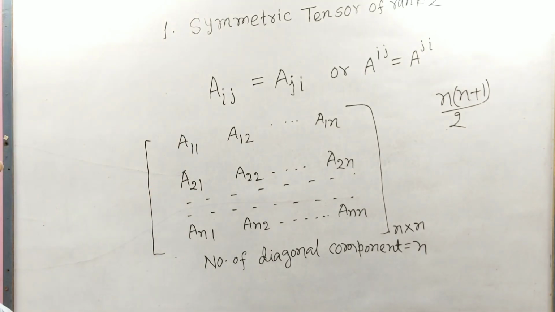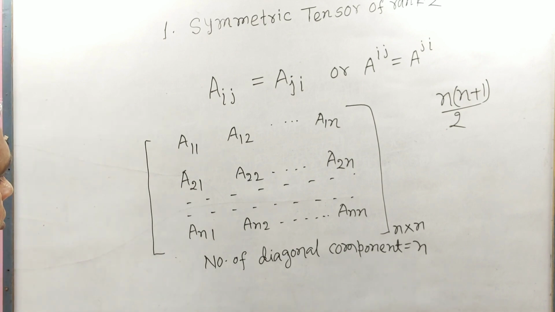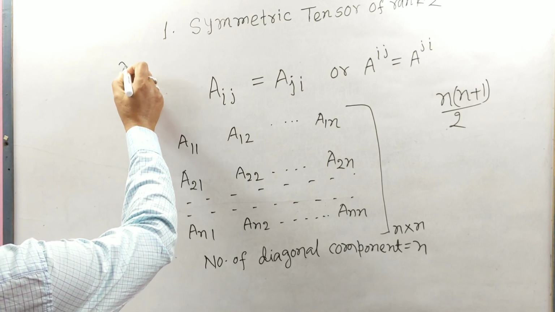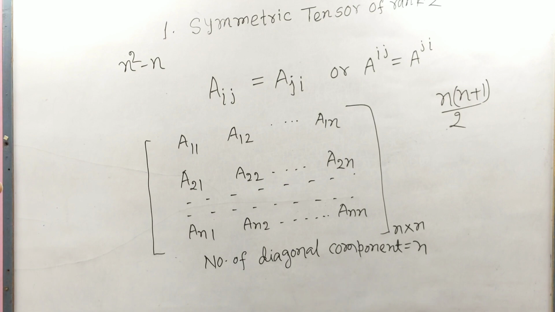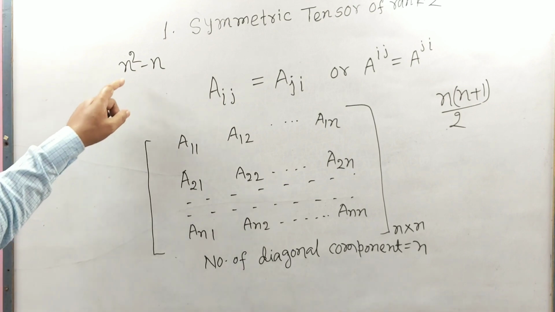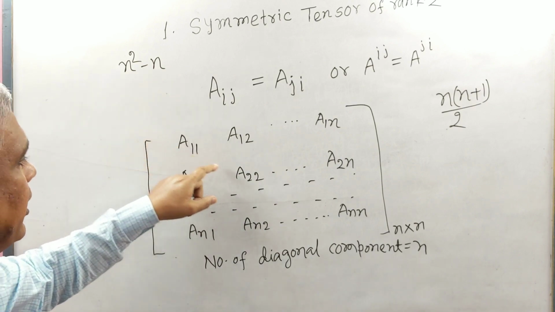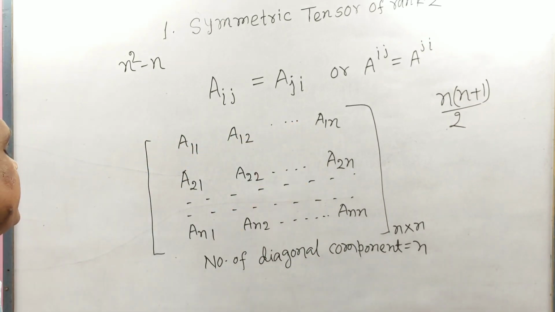Total number of components equals n square. So the number of components other than diagonal components will be n square minus n. These contain only non-diagonal components.